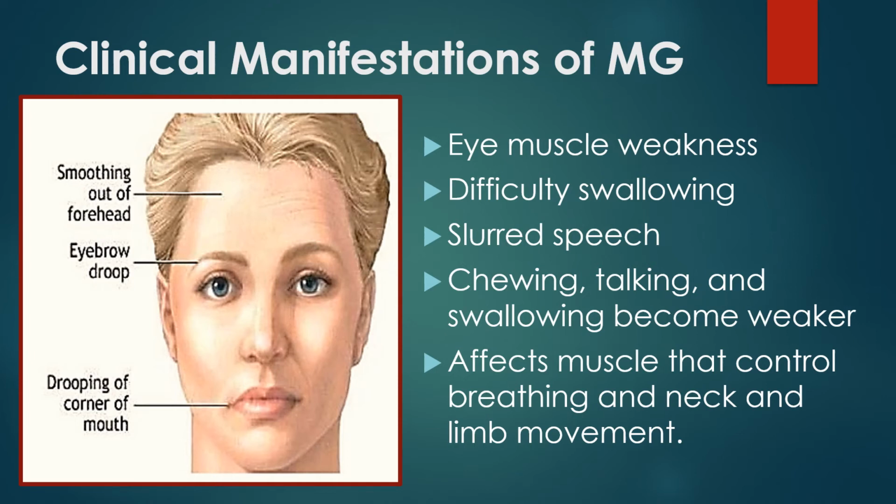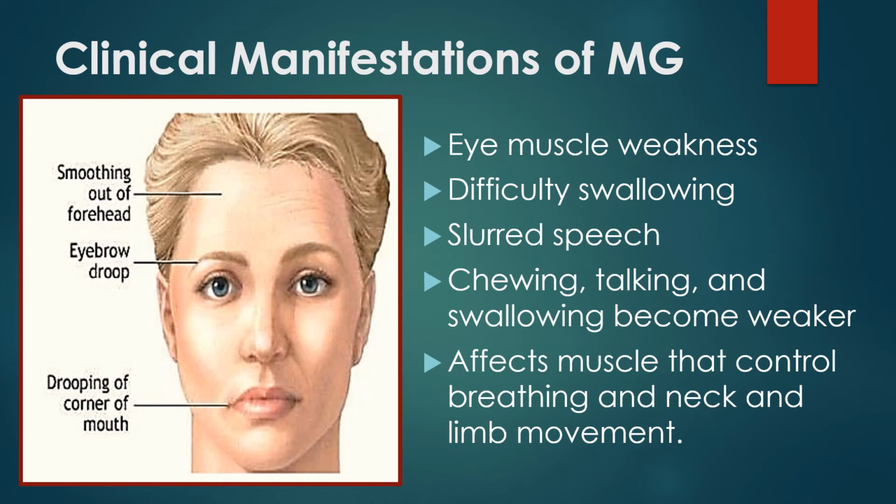Again, it affects the eyes most. The ptosis may be unilateral or bilateral. Diplopia is a result of extraocular muscle weakness. Ocular symptoms may worsen with activities that require sustained use of the eye muscles.